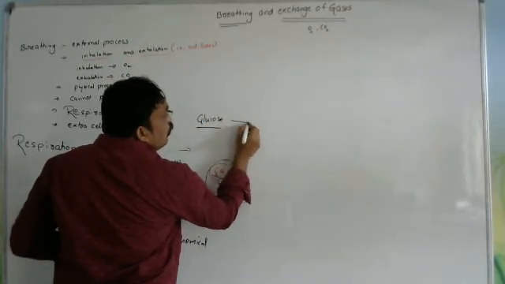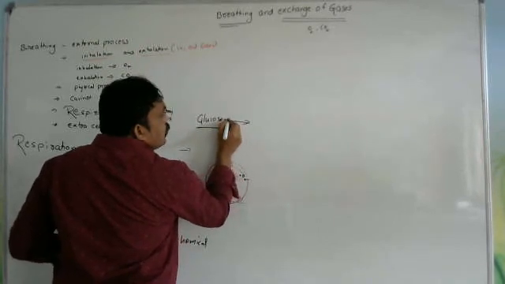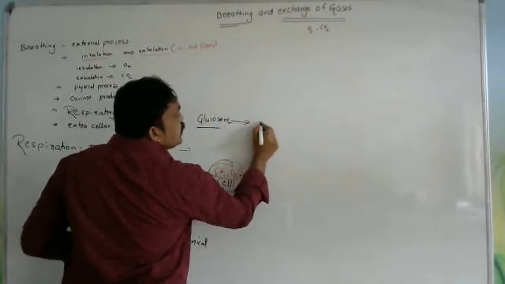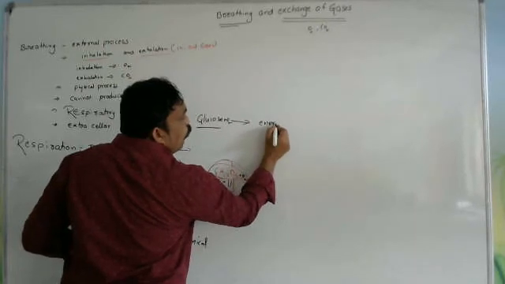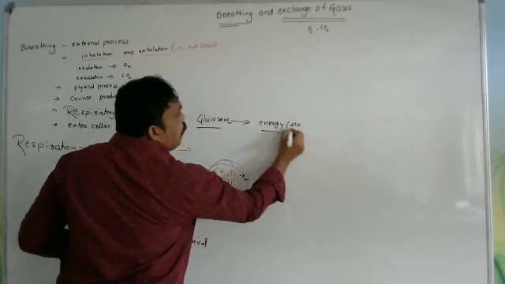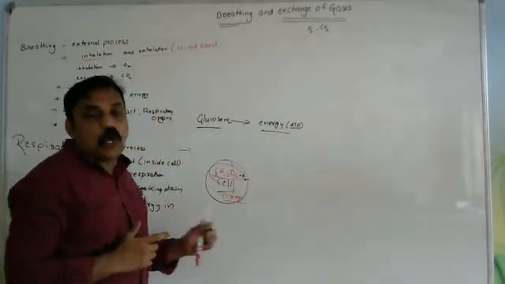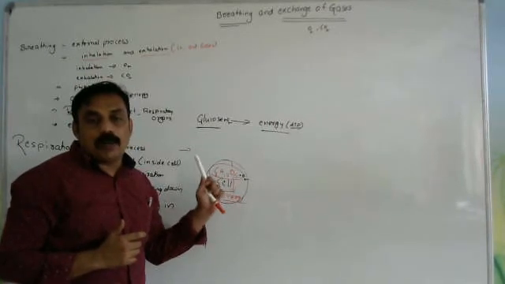This glucose, in the presence of oxygen, is broken down, releasing energy. Releasing what? Energy, ATP, adenosine triphosphate, inside the cell in an intracellular biochemical process.